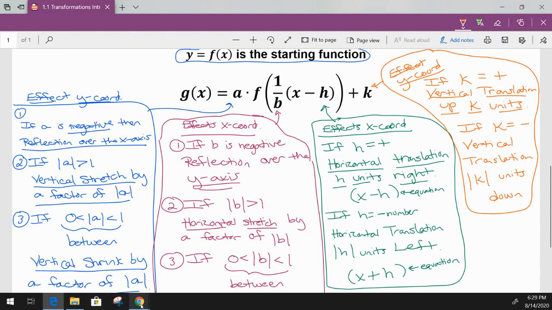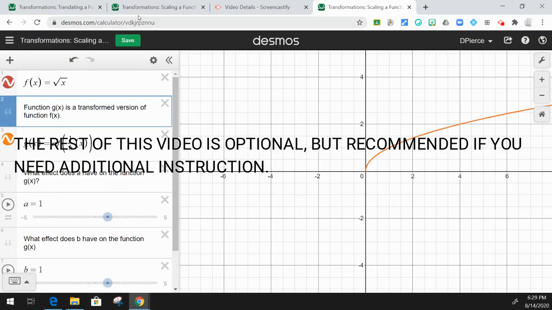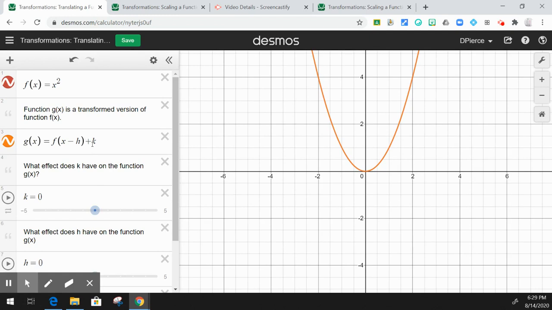So now we're going to go back to the Desmos and take a look at some of those different transformations. So here I have a parabola, and I've set it up so that we've got our h and our k that we're looking at. So if I start with my k, the k is responsible for the vertical translations up or down.